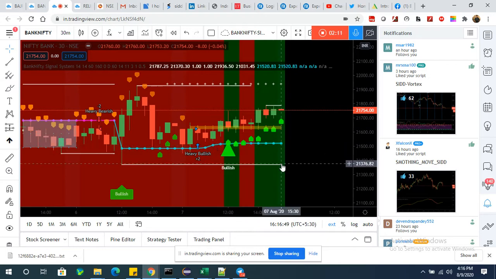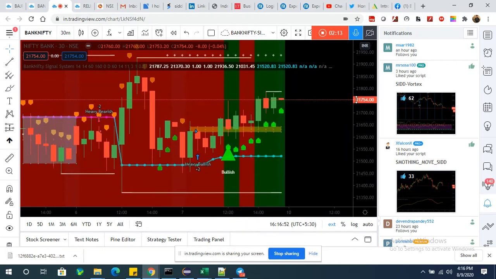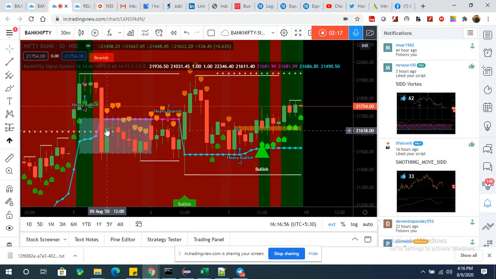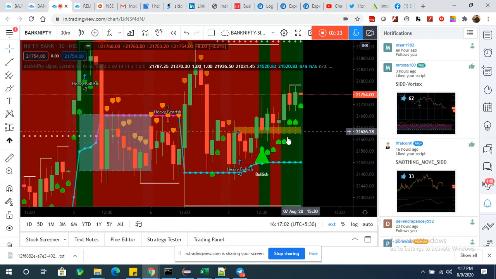Whatever the gap up and gap down areas are, they are marked here in our chart. This is the gap up area. Gap up areas are sky blue boxes, and gap down areas, if you see, this one is a gap down area, are marked as orange color boxes.